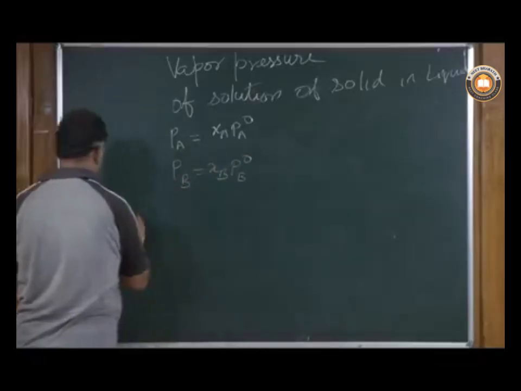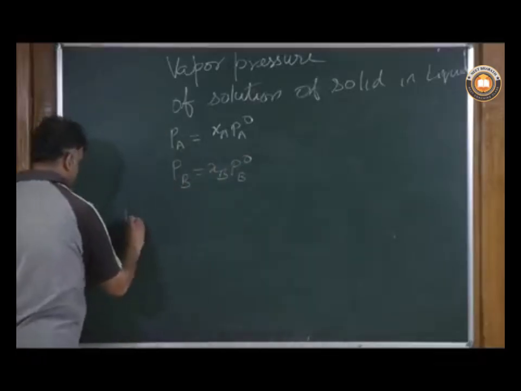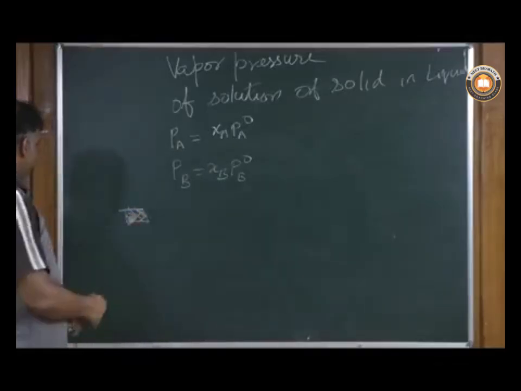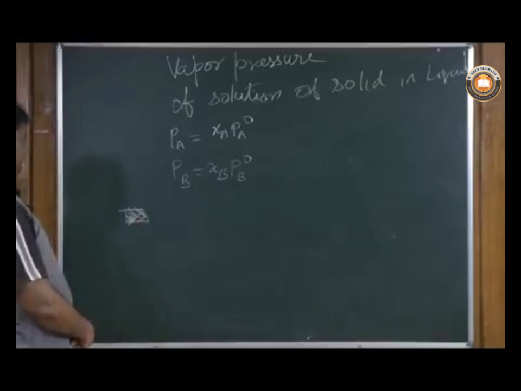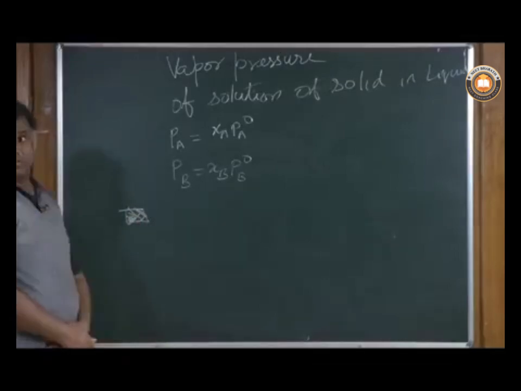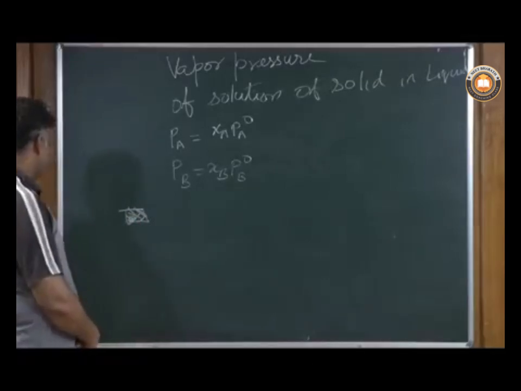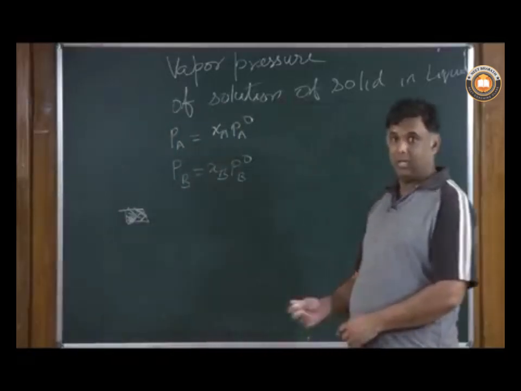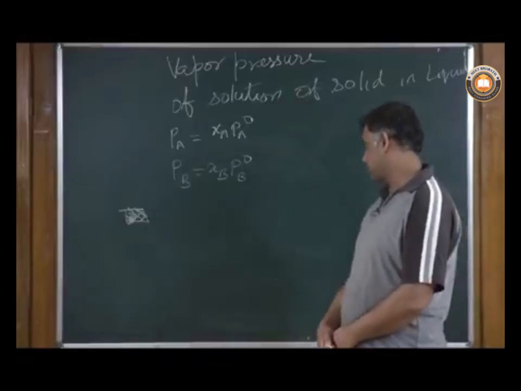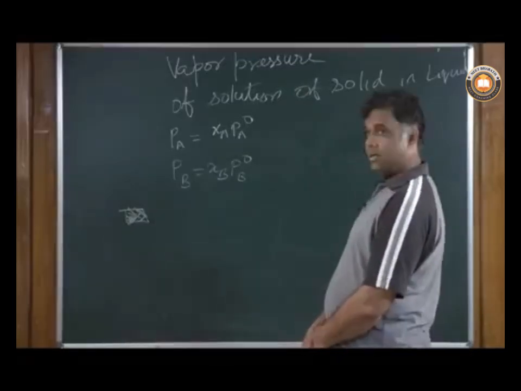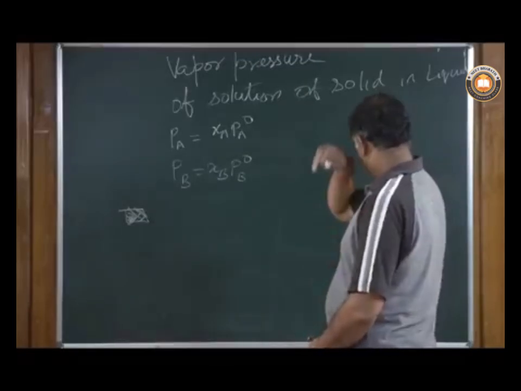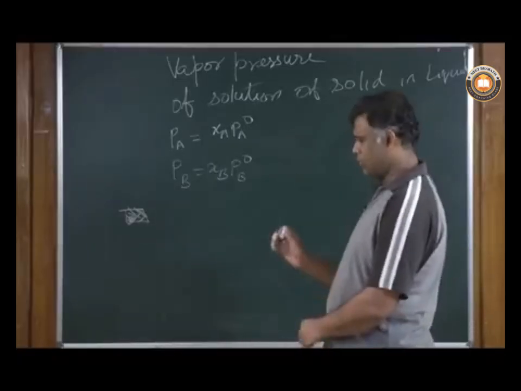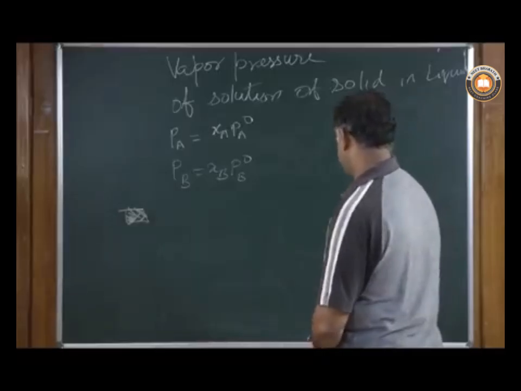So, if I have a solid, what is the vapor pressure of it? For most solids, it is going to be negligible. A solid is usually not volatile. I am considering that there are some solids which of course evaporate and would have some vapor pressure, but for most solids there is no vapor pressure.